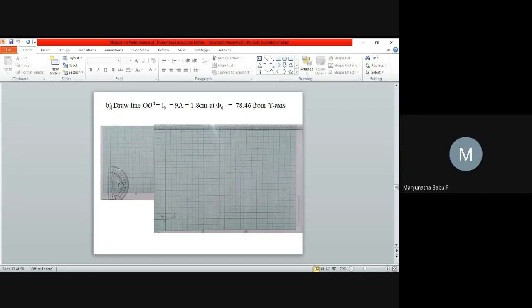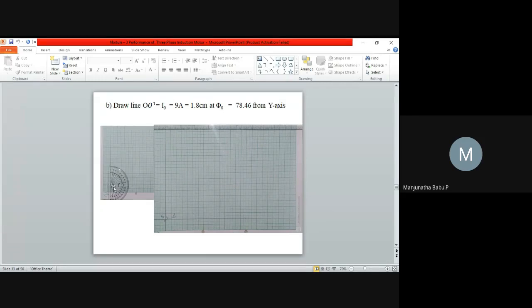second step in the graph, draw line OO dash, which is equal to I naught, which is equal to 9 amps. As per the current scale, 1 centimeter is equal to 5 amps, since the no load current is 9 amps, it is 1.8 centimeters at an angle phi naught equal to 78.46 degrees from the y-axis, that is, from the voltage axis.